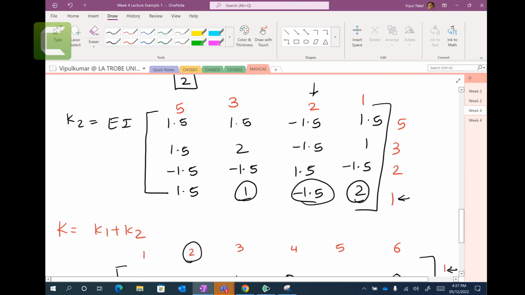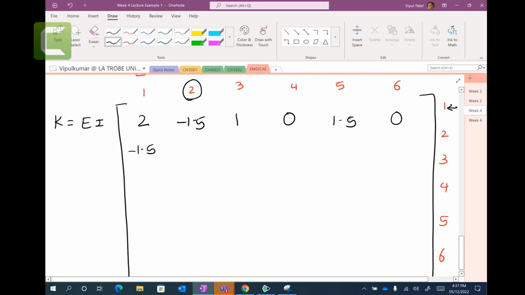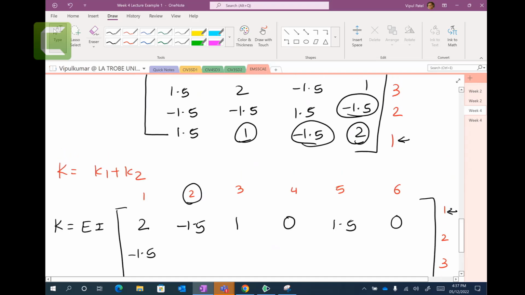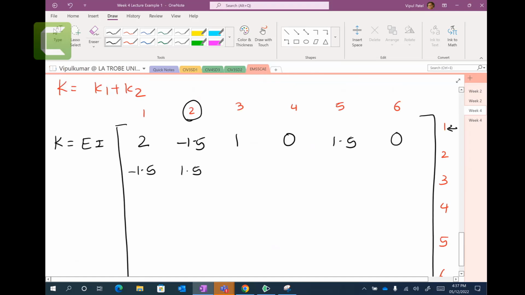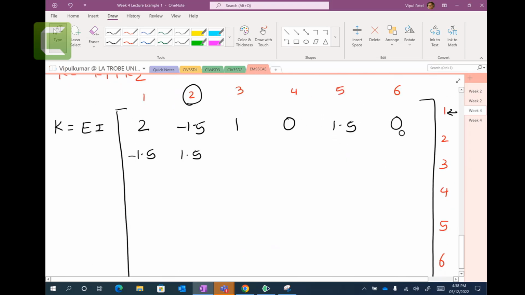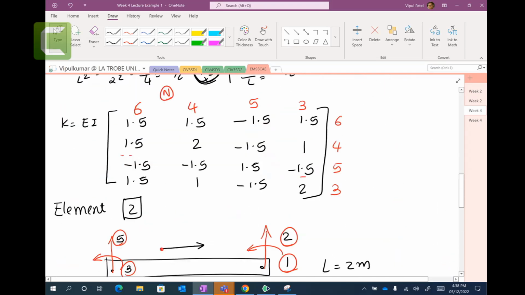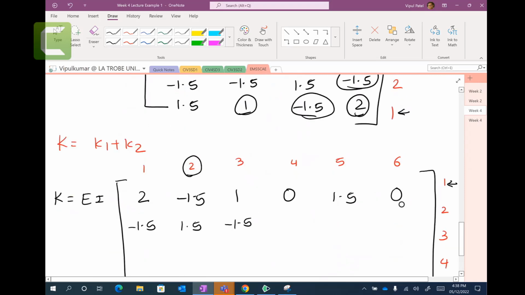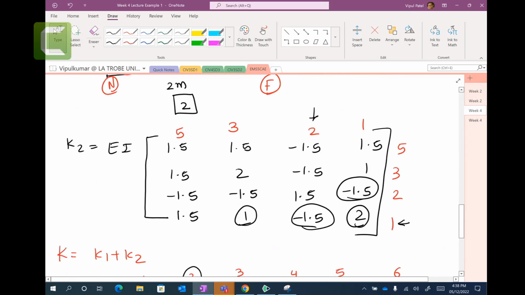Now row 2, column 1, minus 1.5. Row 2, column 2, 1.5. Column 3, row 2, minus 1.5. Column 4, row 2, there is nothing. Column 5, row 2, minus 1.5.